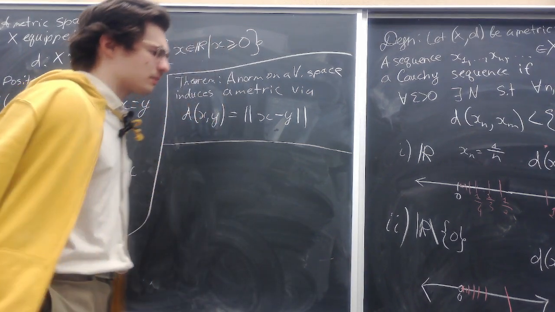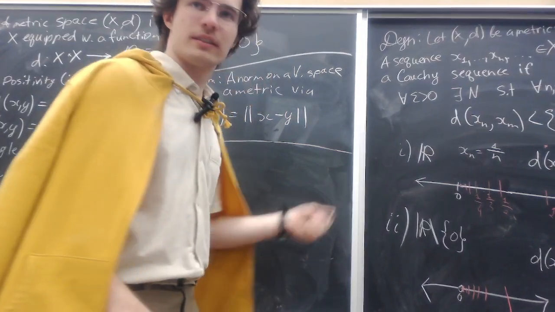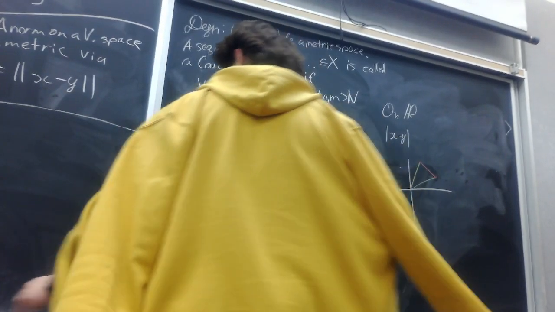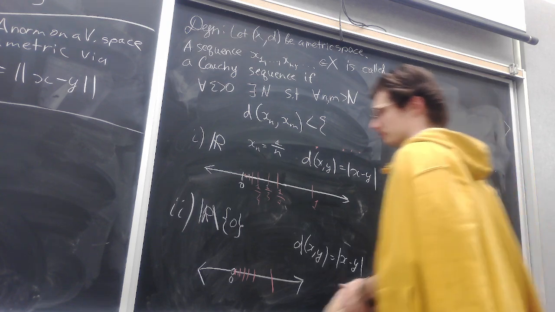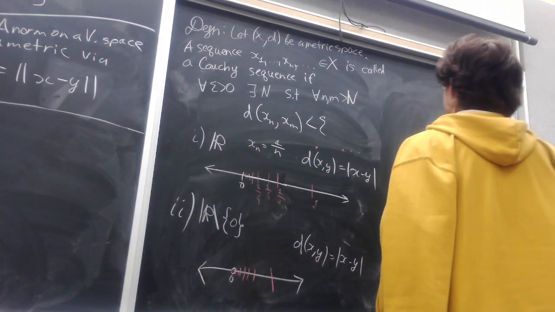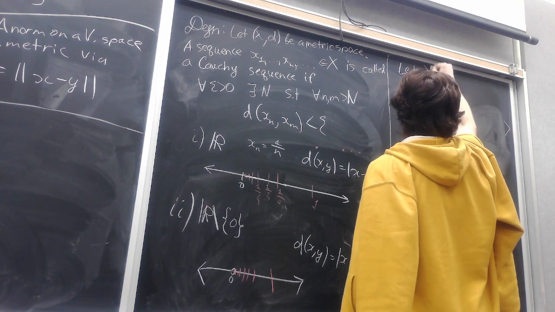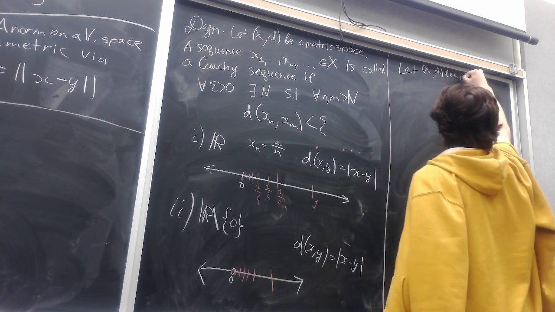Actually, wait. Let's talk about what a limit is, right? Because I told you about limits, so let's define a limit on a metric space. Let (X, d) be a metric space.